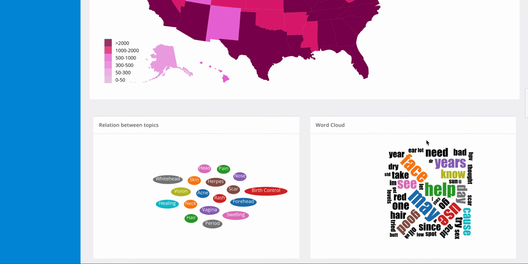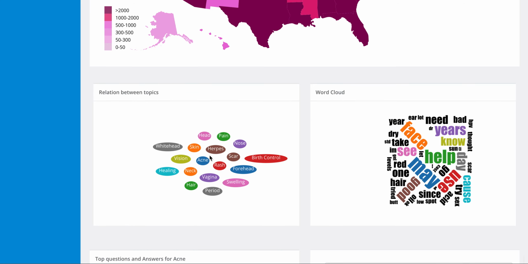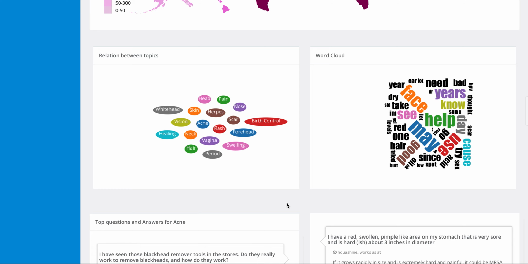And for acne, acne being the center word, the network is shown. Acne is because of rash and hair and skin, so all the relevant components are shown. And what is the most frequent word which comes with acne? Face, where acne usually comes, or scar, and years of people having acne. So it gives that information.